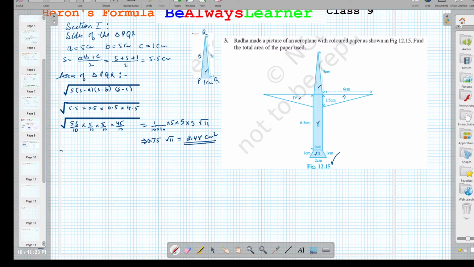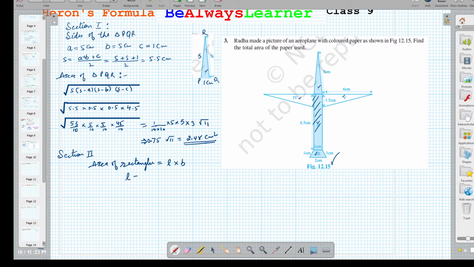Now we can go for section 2. Section 2 is a rectangular section, with breadth and length 6.5 and 1. We can write the area of rectangle, which is equal to length into breadth.